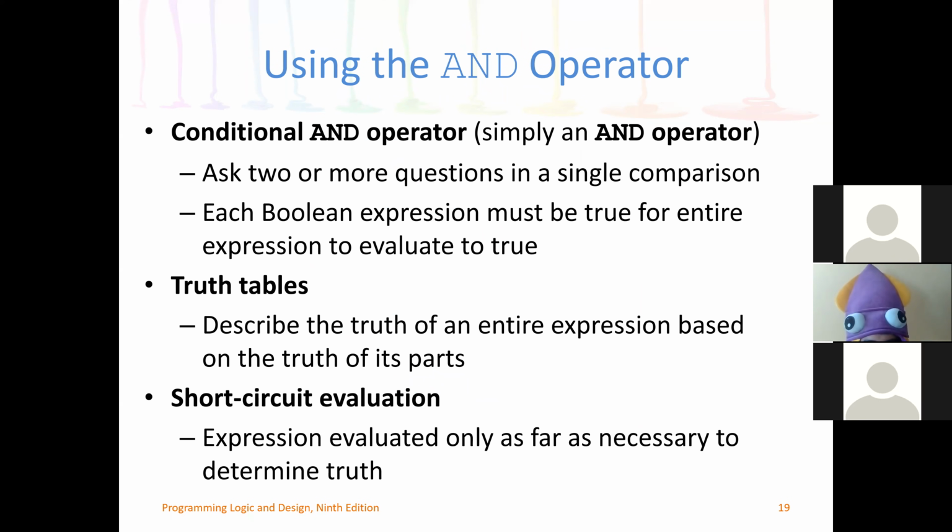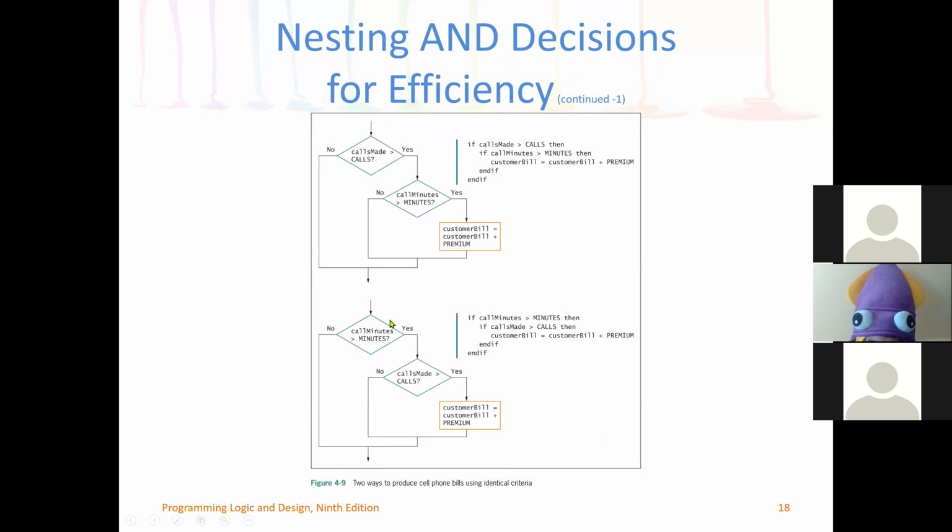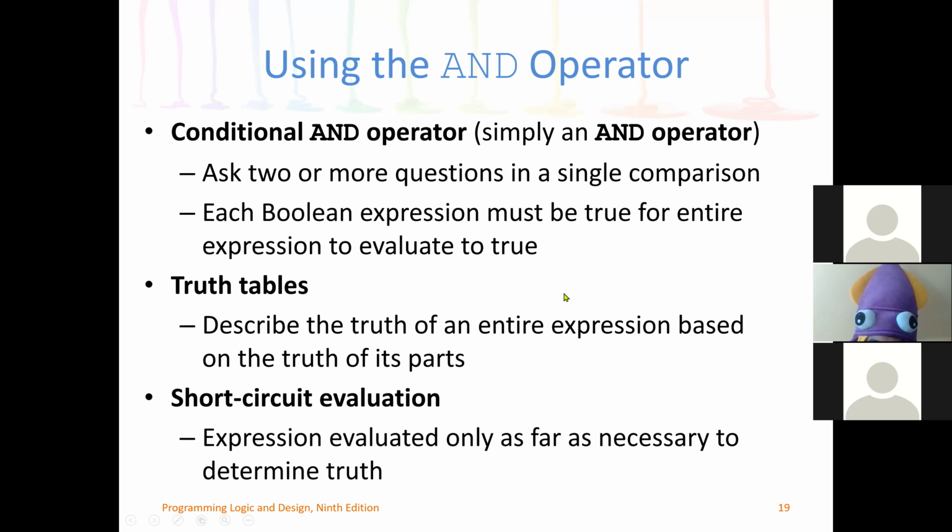So the conditional AND operator is very good. It improves the performance of our code because I may ask two questions at the same time instead of asking one question first, if it's true or false, then I'll ask a second question. No, you can ask all the questions.